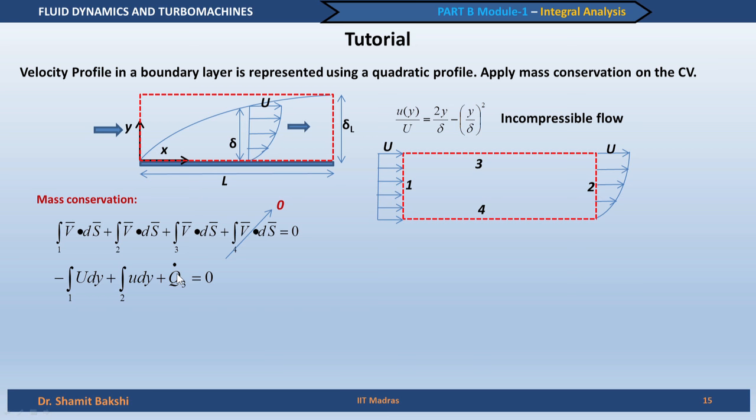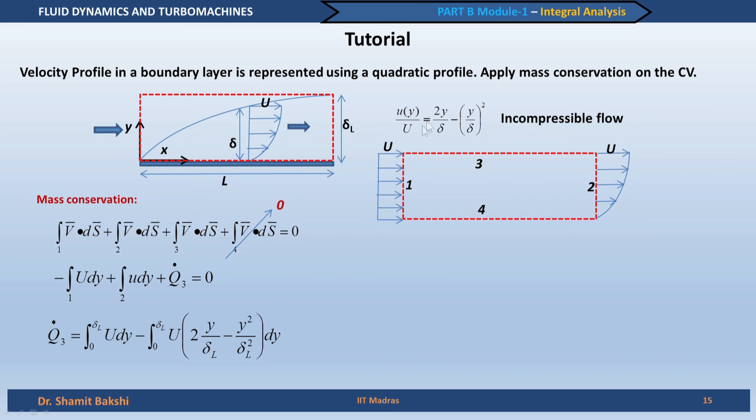Let us see if there is any volume of fluid flowing out or flowing into this control volume through the third boundary. So, if you simplify this further, you will get q3 dot is equal to, we take it to the right hand side, then this becomes u dy, where we have plugged in the velocity profile from here into this.